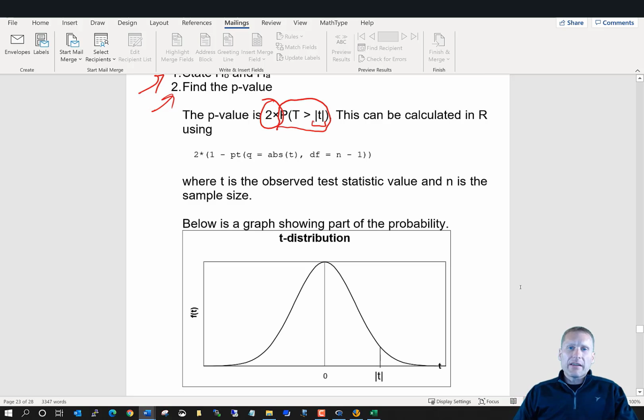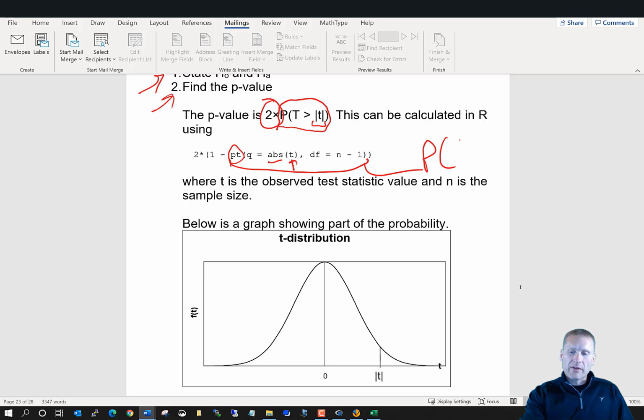So how do I find this particular probability in R? Well, let's say I have an object that has my test statistic value in it. It's called T. I use ABS for absolute value. And then I go back to my PT function. Remember what this is going to find? This is going to find the probability that capital T is less than the absolute value of T. You find areas to the left in terms of what the PT function does.